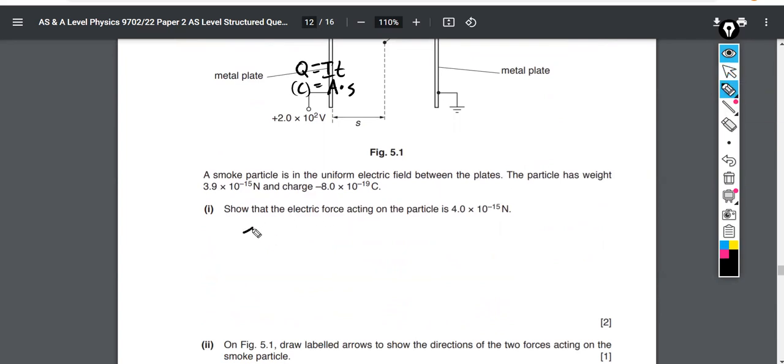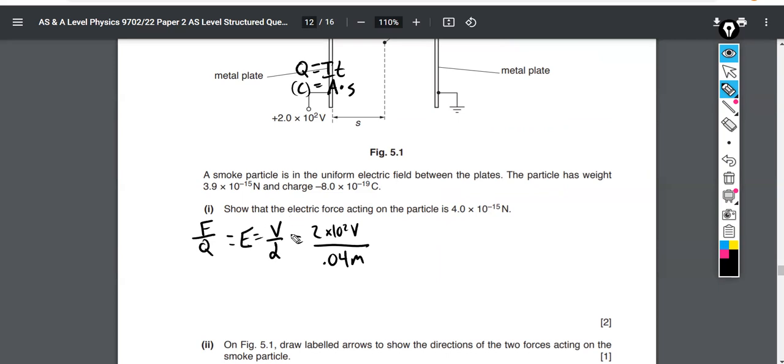The electric field strength, E, can be calculated as the voltage divided by the distance. We're given the voltage as 2 by 10 to the 2 volts, right? The difference between 200 and this symbol, which means earth or ground, so 0, so the difference between 200 and 0 is 200, divided by the separation distance, which was given as 4 centimeters, so 0.04 meters. Make sure to convert centimeters to meters because we know that a volt per meter is the same thing as a Newton of force per Coulomb of charge, right?